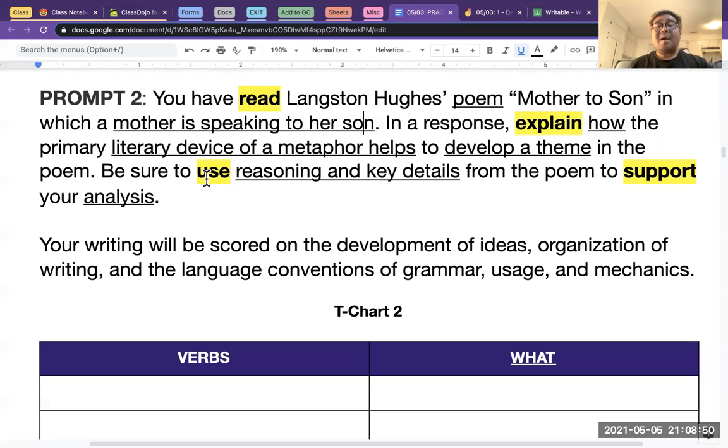This is an informational prompt, and that keyword is analysis. The other keyword is explain. Okay? You're explaining something in your analysis. So the language that you choose when you're writing your response to the prompt has to be specific, right?